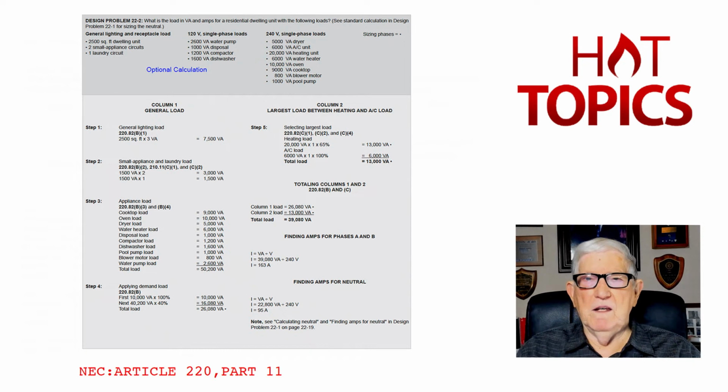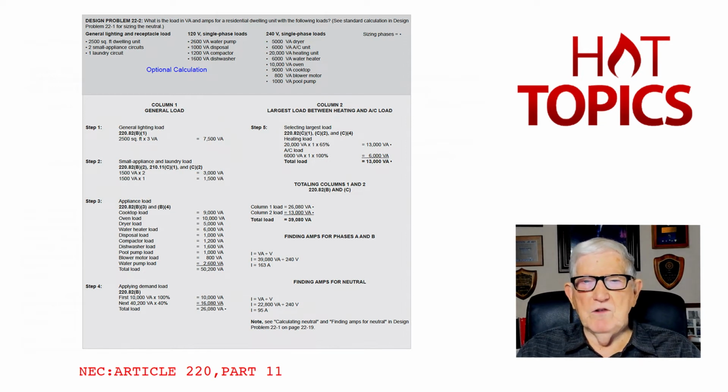Now, the neutral load then, we'll be looking at that coming up, but right now in step 5, the heat we take 65% of. By this code, I read it that we take 100% of the AC, but now that won't be the case in the 2023. You'll have to take 125% of that and compare it and see which is still the largest. But right now, 13,000 is the largest.